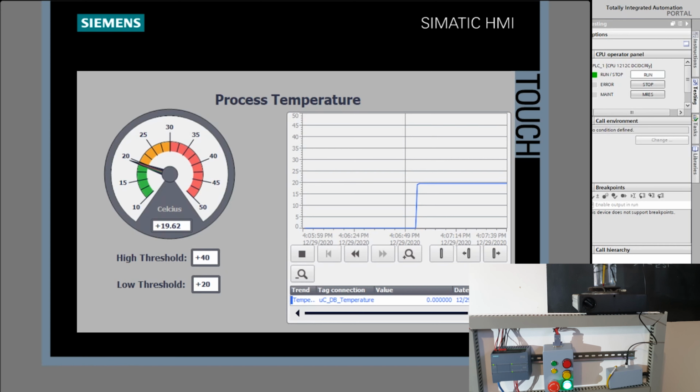Currently, the temperature is under the low threshold, so the green indicator is on. Once the process temperature exceeds this low threshold, the amber indicator will turn on and the green indicator will turn off, as it is happening now.